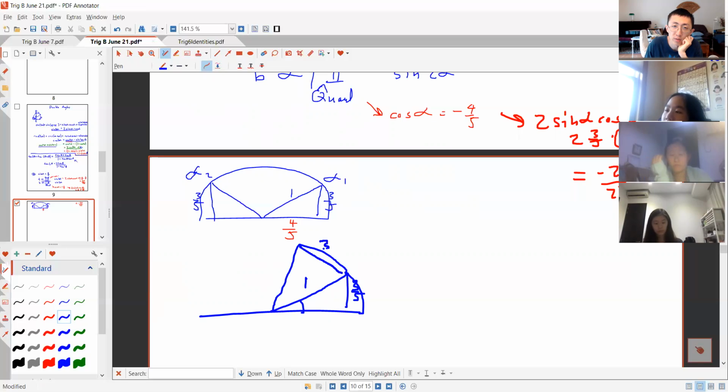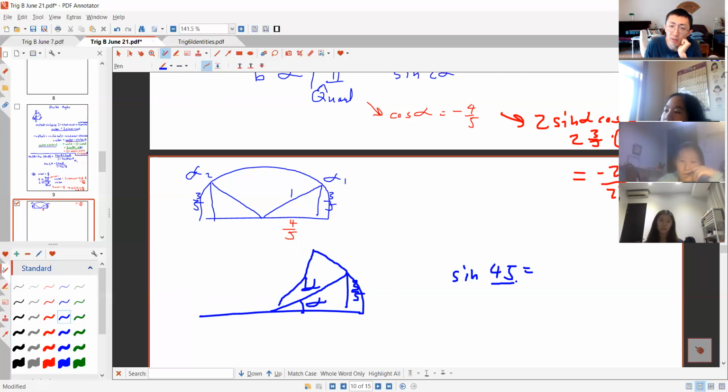Okay, this is not a good diagram, but let's compare alpha to 45 degrees.